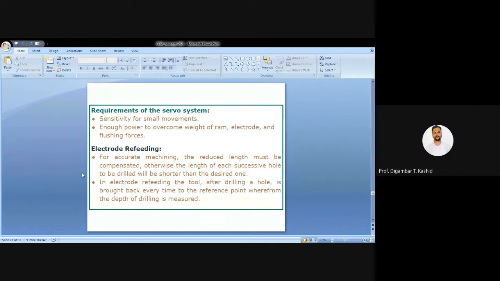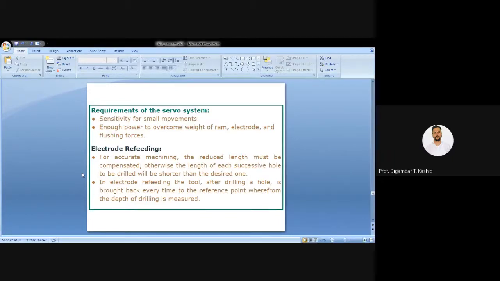So to compensate for the reduced length, we need to go for refeeding, or give new tool material of that length. There is tool wear in the EDM process, and to compensate for that we need refeeding for accurate machining.